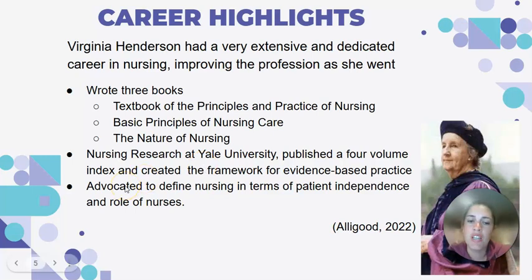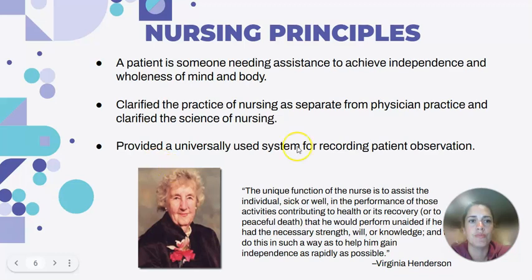She advocated to define nursing in terms of patient independence and the role of nurses. So Virginia says that a patient is someone that needs assistance to achieve independence and wholeness of mind and body.